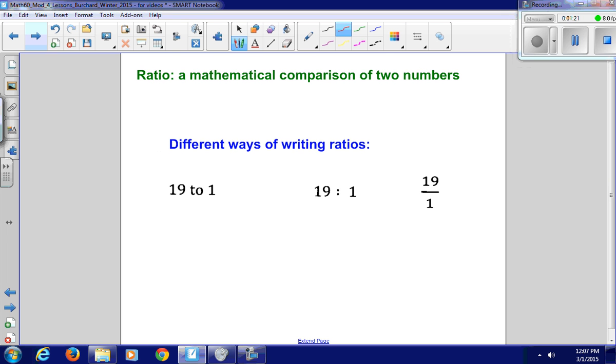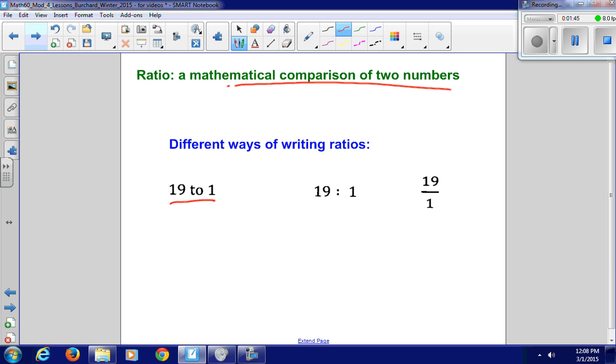So first of all, we're going to just talk about writing ratios. A ratio is a mathematical comparison of two numbers. This is the way we say ratios, and we can write them out that way in English. This is the ratio 19 to 1.